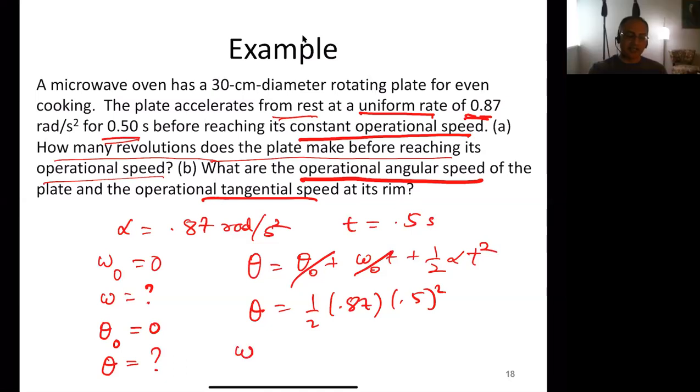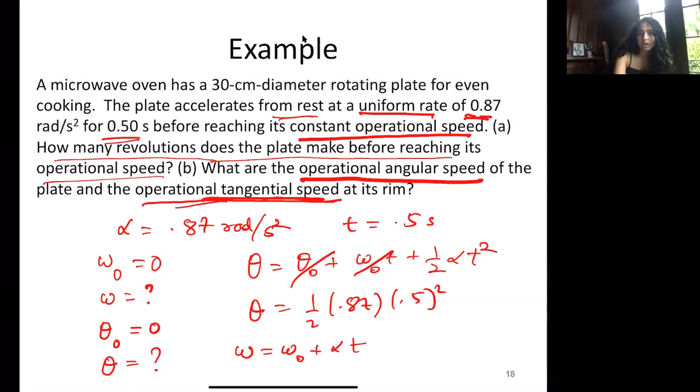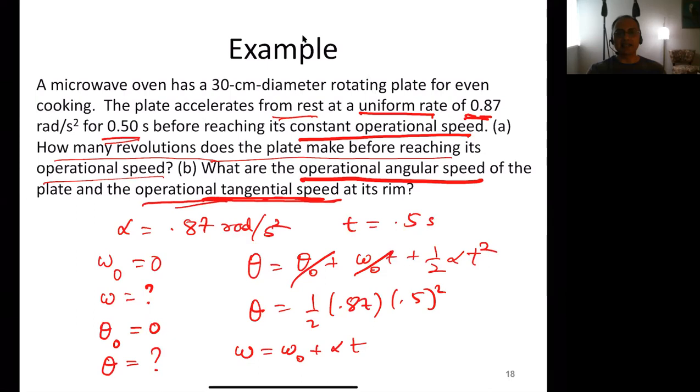So omega final is equal to omega initial plus alpha times t. You can easily find the final omega from there, right? And how do I find the operational tangential speed? Could you do v equals r omega? Exactly. They're asking for the tangential velocity, and we know that it's v equals r omega. That makes sense?